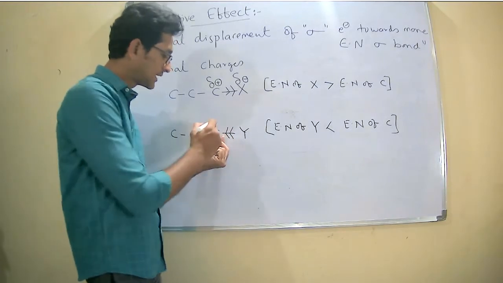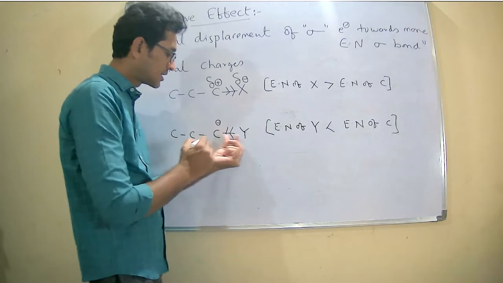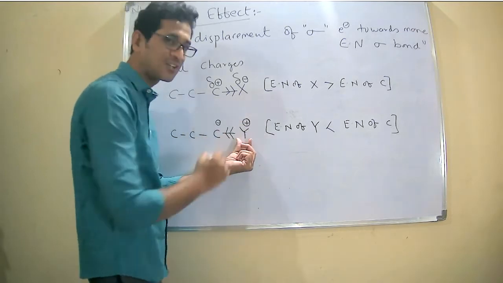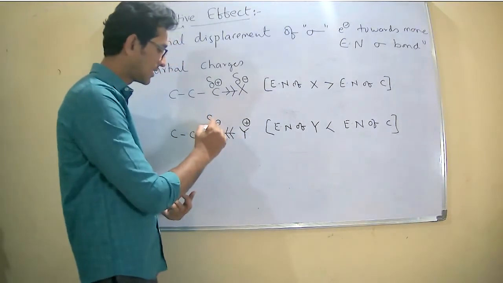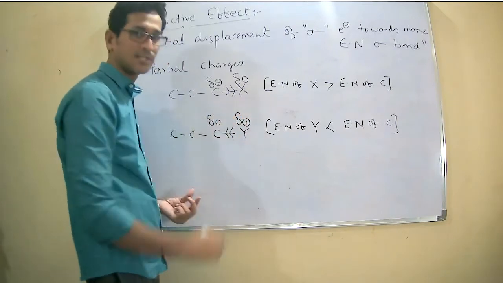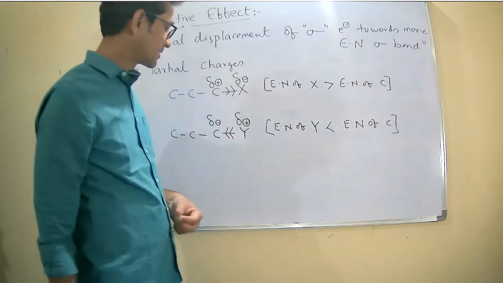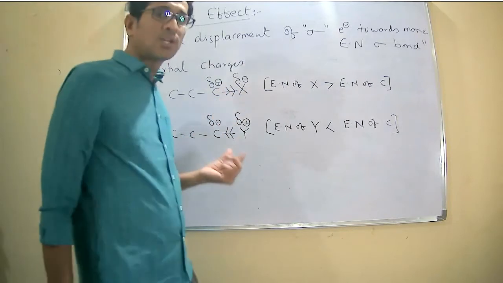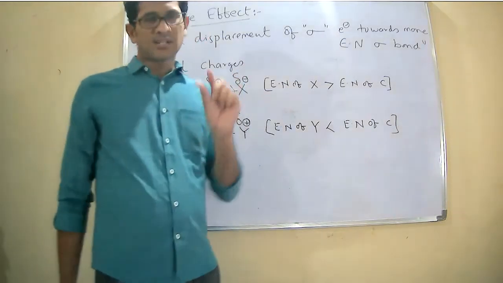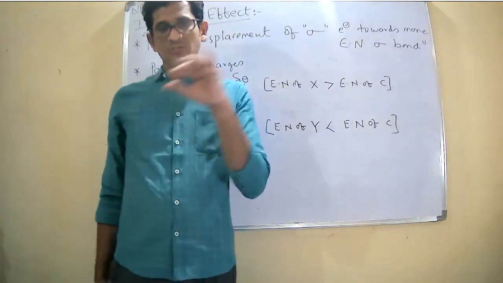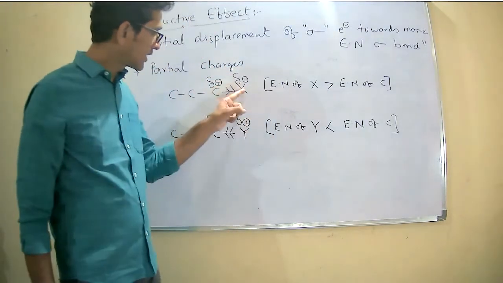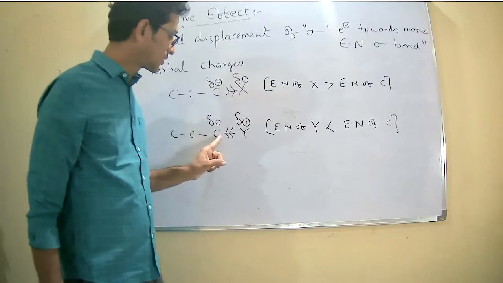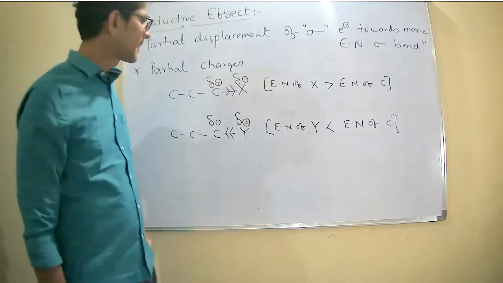Once it is receiving electrons, negative charge. Once it is losing electrons, positive charge, and those are partial charges. Now you can observe these two cases: always the electrons are transferring towards the more electronegative atom.